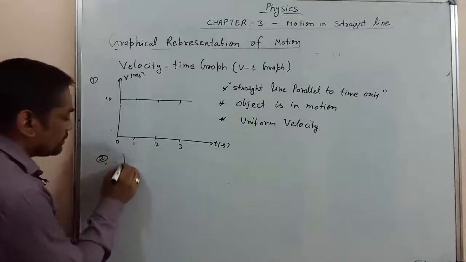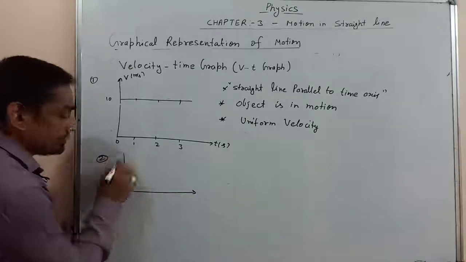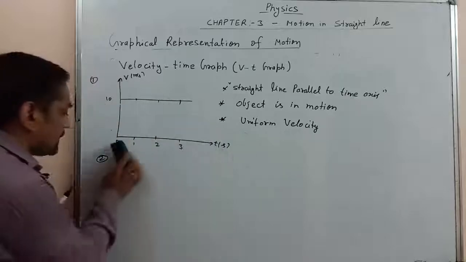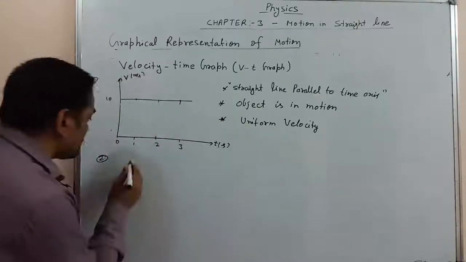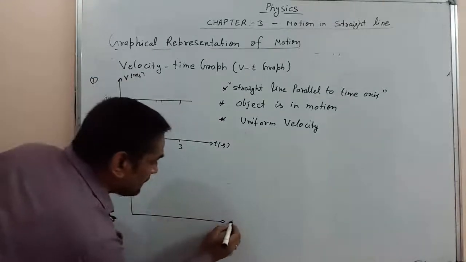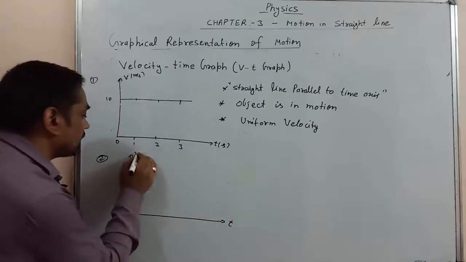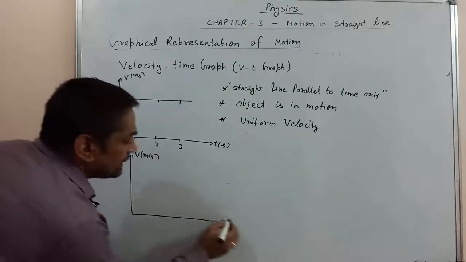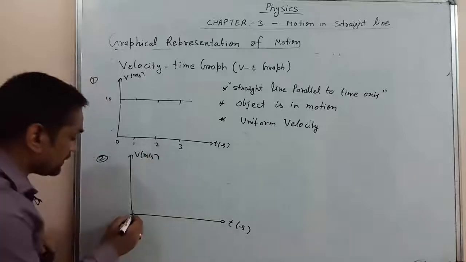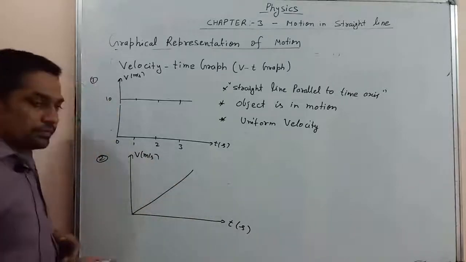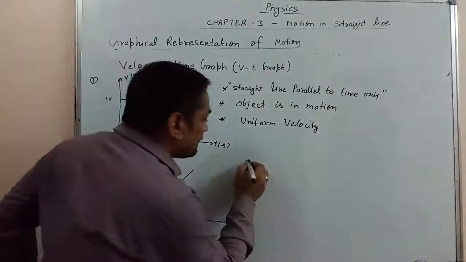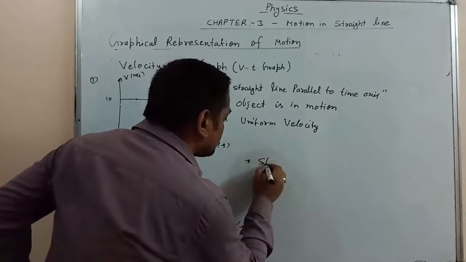Second type: if the graph is a straight line between velocity and time, with velocity in meter per second and time in second. If the graph is a straight line with a slope, what type of motion is there?